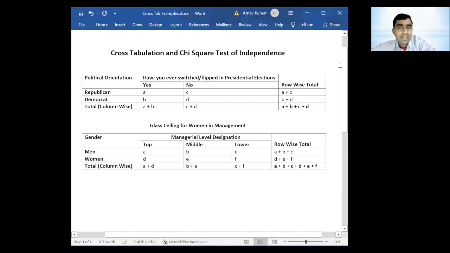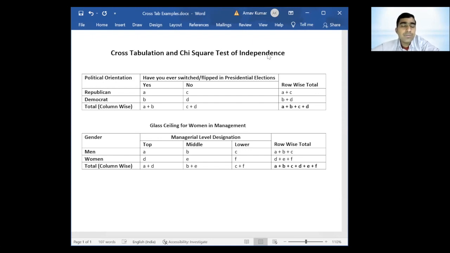Switching sides means that in a presidential election, a Democrat may vote for the non-Democrat candidate, and similarly a Republican who switches may vote for a non-Republican or Democrat candidate. That will be considered switching.